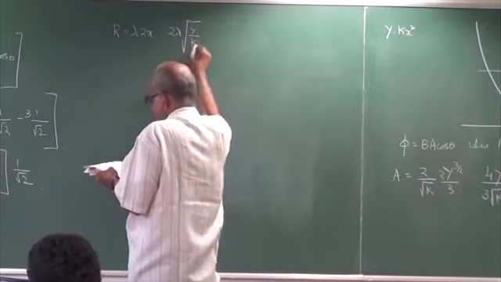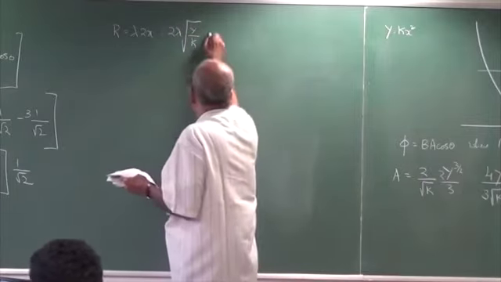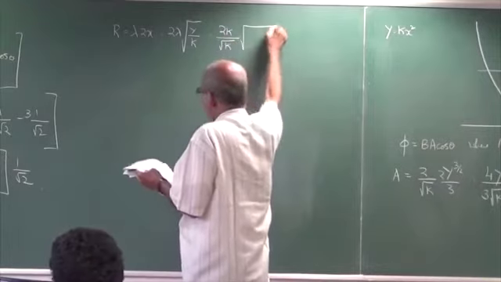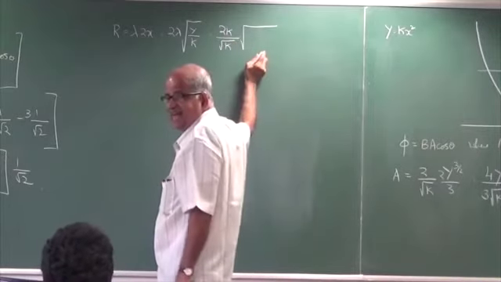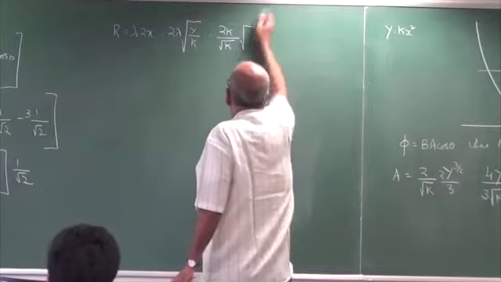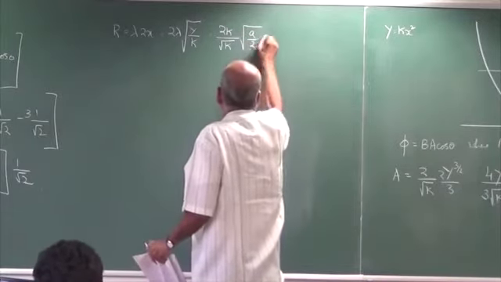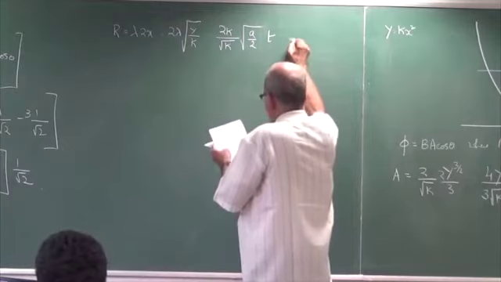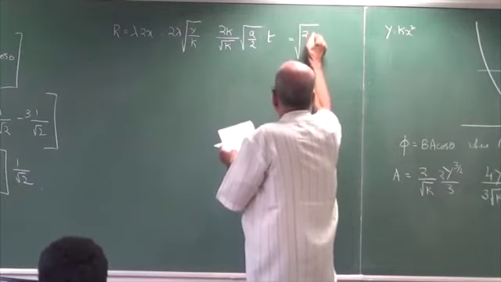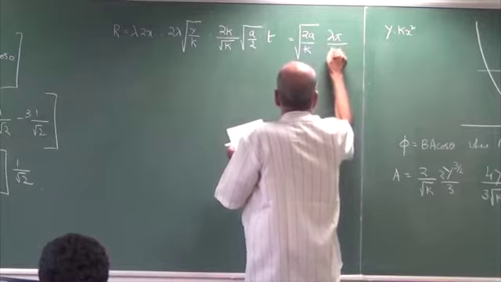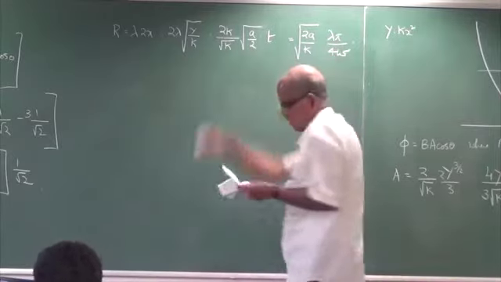Root of y by k, which is 2 lambda by root k, root of y. Y is half a t square, correct now? So it is a by 2 inside the root, outside the root t. This is root 2a by k lambda pi by 4 omega.